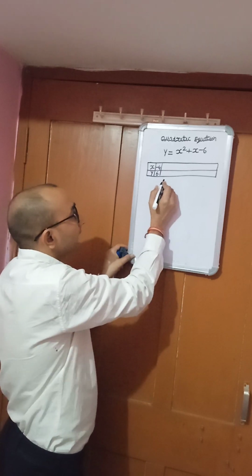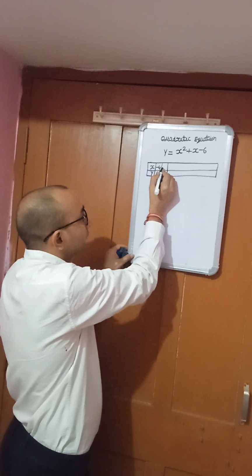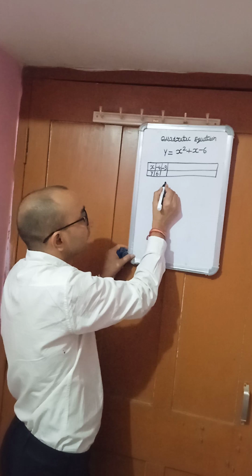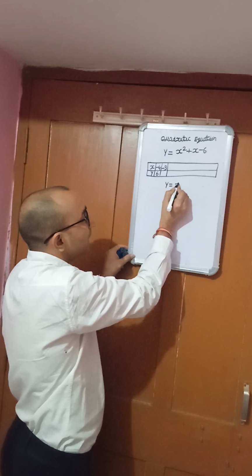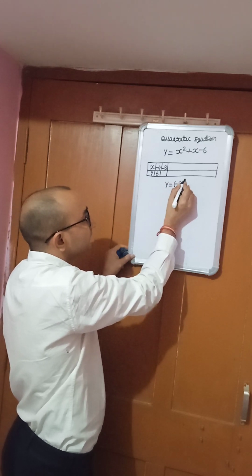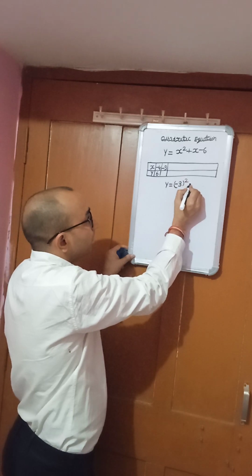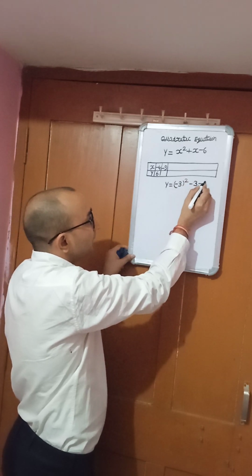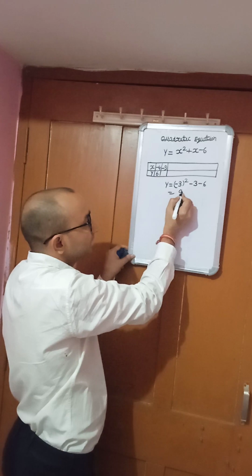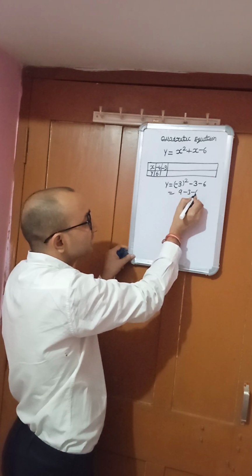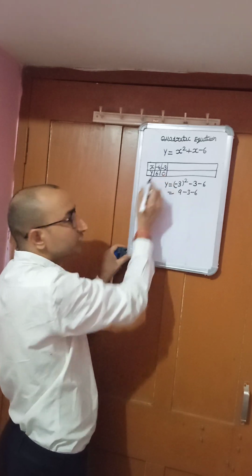If we put the value minus 3, y equals minus 3 whole square plus minus 3 minus 6. 3 3 is 9, minus 3 minus 6, 9 minus 9 is 0. So put here 0.